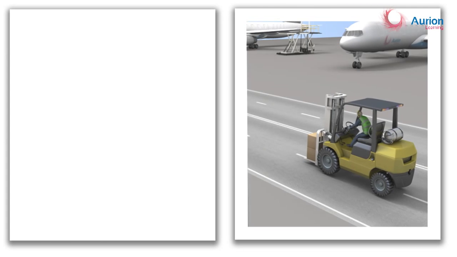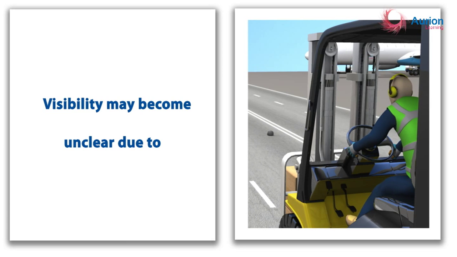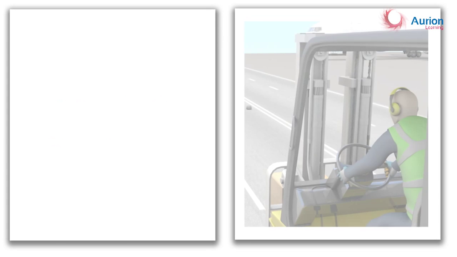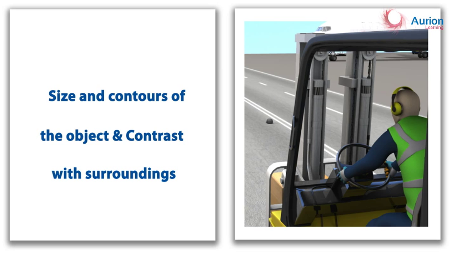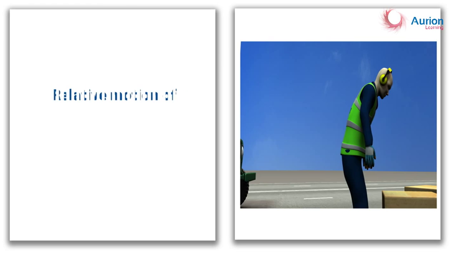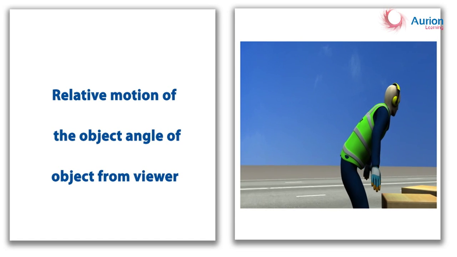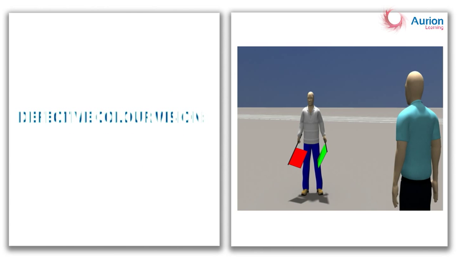4. The object being viewed. Vision may also become unclear due to what we are looking at, how far the object is from us, the size and shape of the object, and whether it is merging with its surroundings or standing out in contrast, how quickly the object being viewed is moving, and the angle at which we are seeing it from. 5.